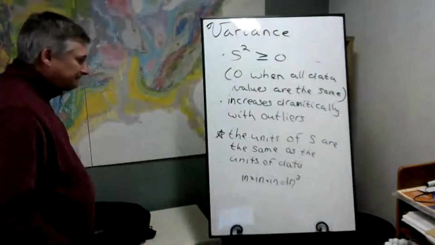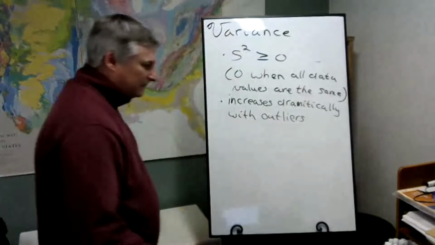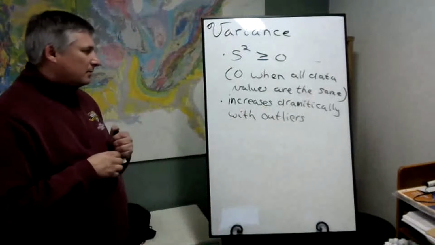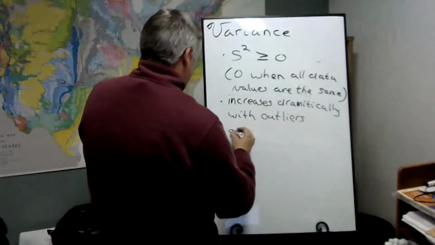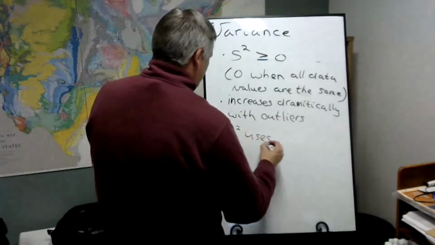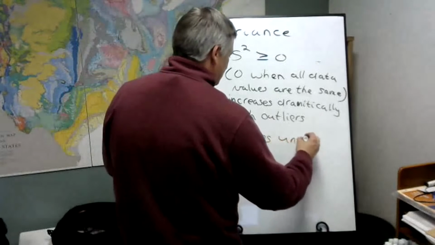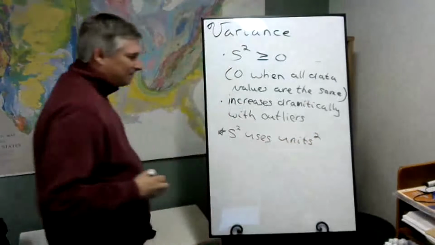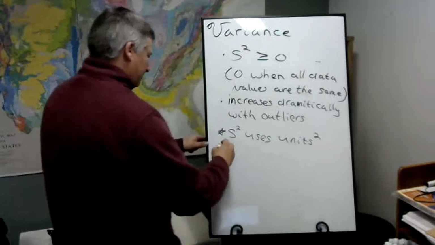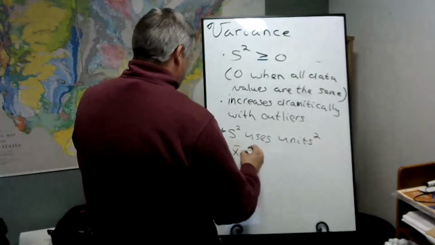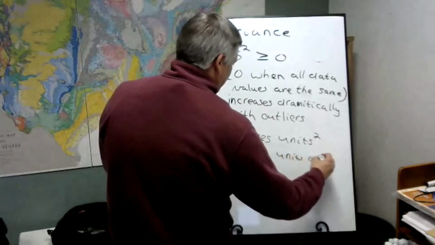The problem, I don't know if it's a problem, but s squared uses units squared. When we talk about the mean, x bar uses the units of the data.